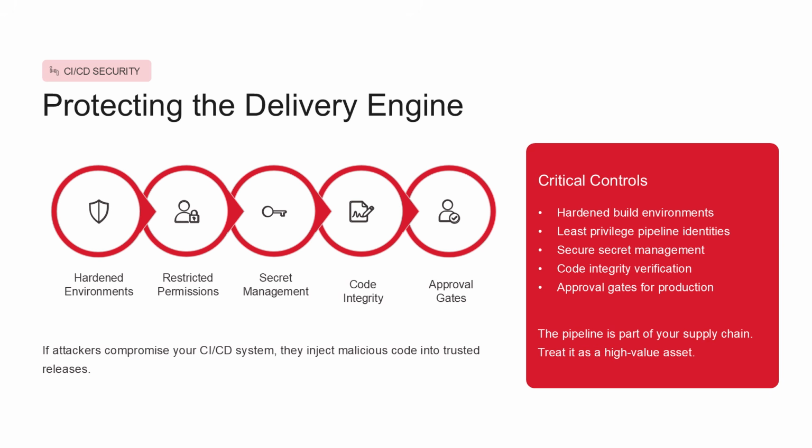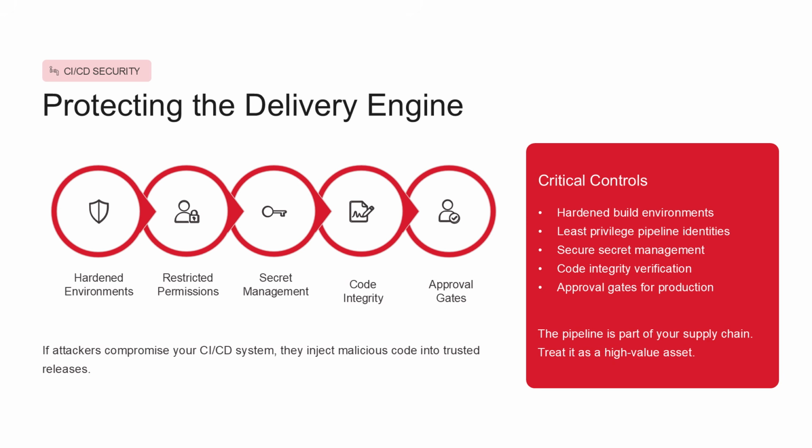Modern enterprises deploy software continuously. CI/CD pipelines automate build, test, and release processes. But pipelines themselves have become attack targets. If an attacker compromises your CI/CD system, they can inject malicious code into trusted releases.